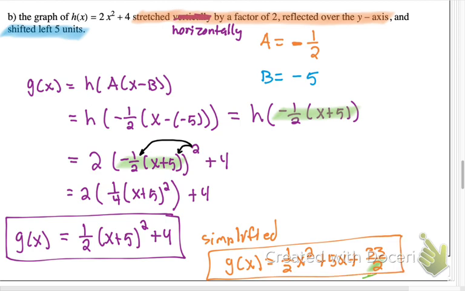So that would be, I guess, a simplified form of g of x. The one that I've boxed in purple is what we actually call vertex form. And the one that I have boxed in orange, that's called the standard form. Okay, so now let's do some examples where we're putting everything together and combining transformations.